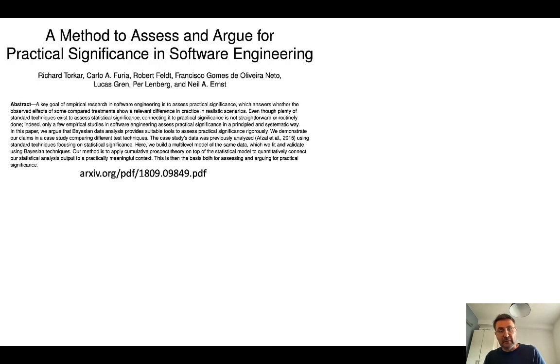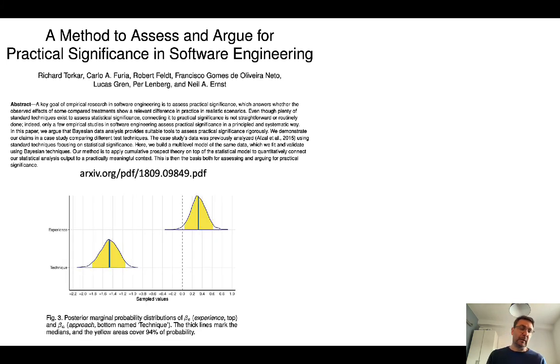I don't have time, of course, to go into details here, so there is a paper on practical significance that shows this in more detail. And just to show you one example, we replicated the analysis of an old data set that compared traditional script-based test cases with exploratory testing.